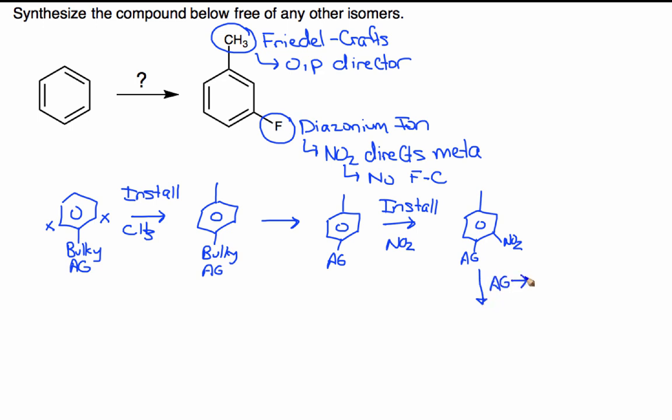Well, we can convert that activating group, if it's something like an NH2, just to a hydrogen, and we can do that via one of those diazonium ion reactions.